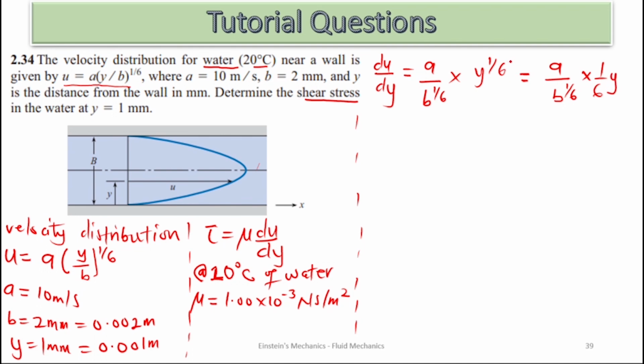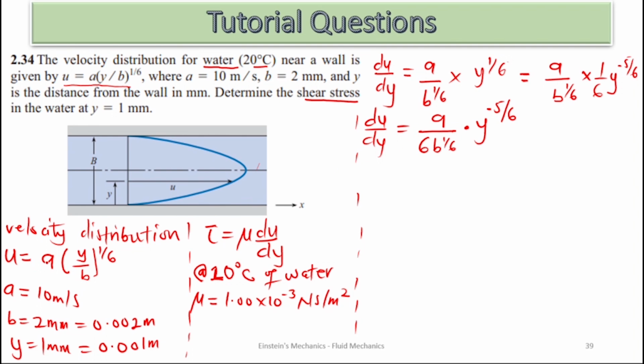You subtract 1 from this, which is going to give me negative 5 on 6. So my better expression of du dy is going to be a on b to the 1 on 6 multiplying 1 on 6 multiplying y to the negative 5 on 6.